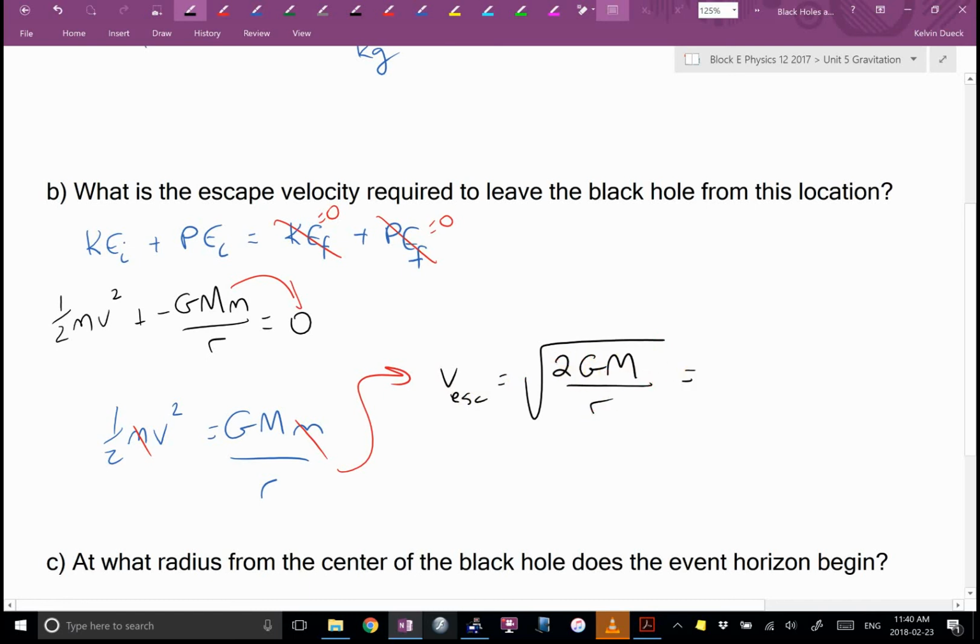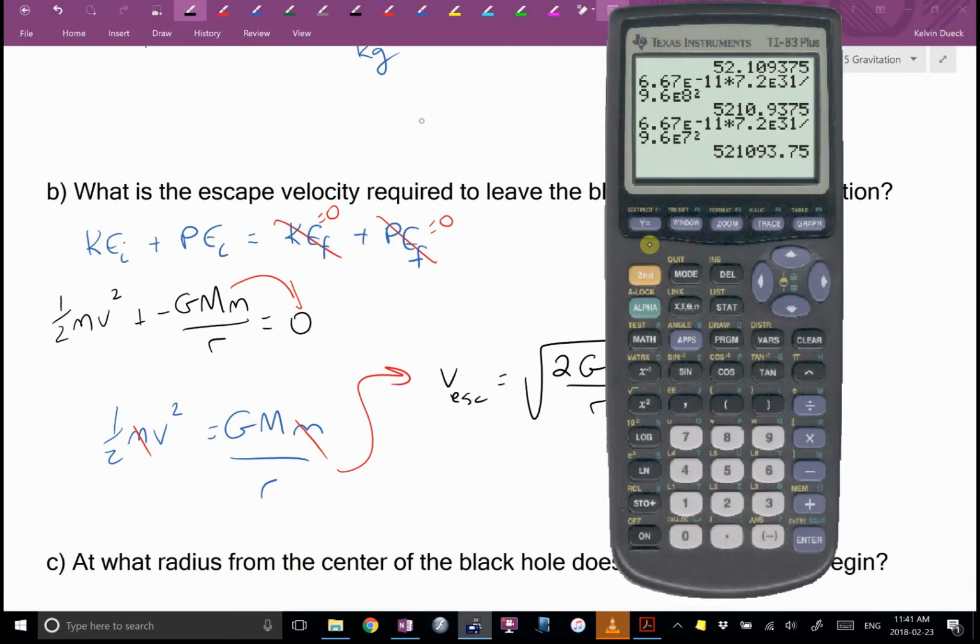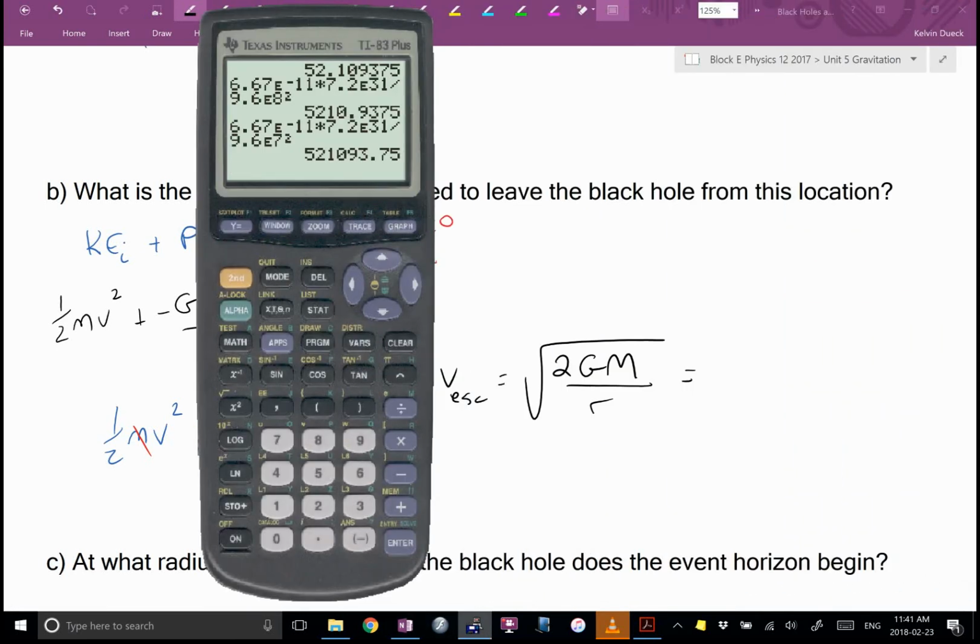What's escape velocity from this location? You know what? I got most of this on my calculator already. I think I can just backspace, stick a 2 in front of the 2.67. Learn to use your insert key. You do have an insert button. And I need to change the 9.6 times 10 to the 7th back to a 9th.